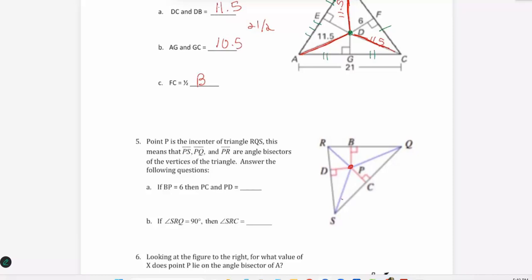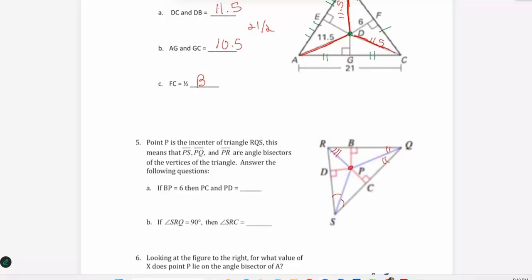So this angle equals this angle equals that angle, and this angle equals this angle. Okay, so I know that kind of stuff. So they are angle bisectors. So what happens? If those are your angle bisectors in blue, then I know that these red pieces are all going to be equal. Okay, they will all be equal.